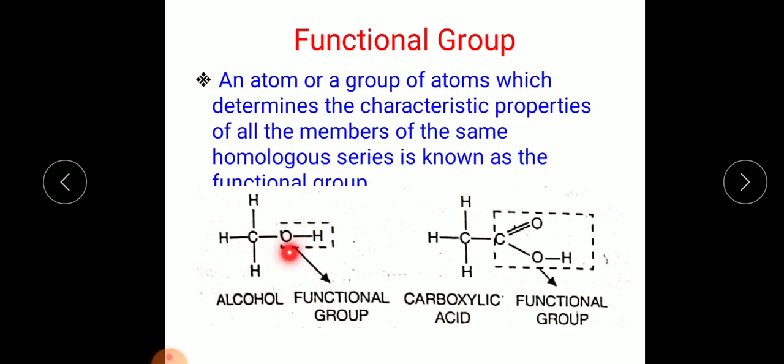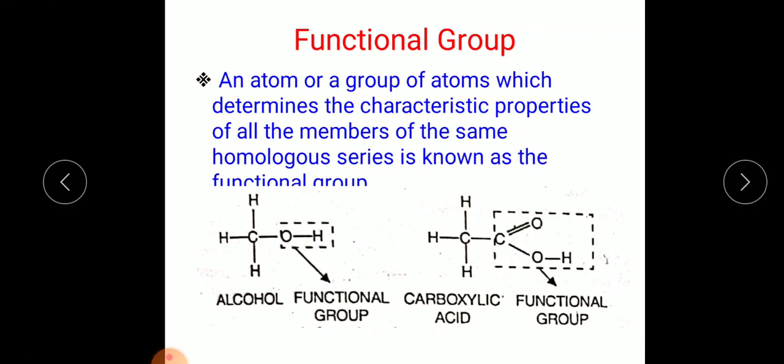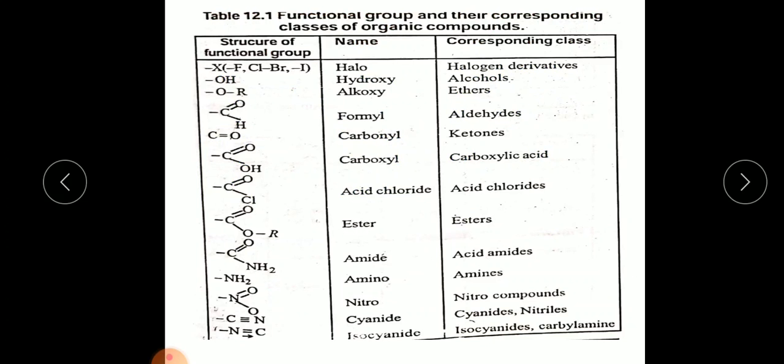This OH indicates the characteristic properties of this alcohol, so this is the functional group. Similarly, in the carboxylic acid, we have the group COOH. This is the carboxyl group, which acts as a functional group, and it shows the characteristic properties of that compound.